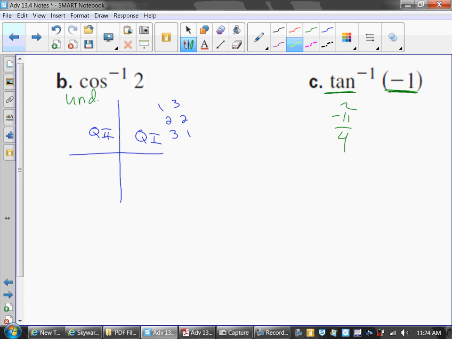It'd be negative pi over 4, but if you want to put it positive, that would be 5 pi over 4. No. 7 pi over 4, thank you. Duh. And then this isn't 90, it's 45. Or 315. Okay?